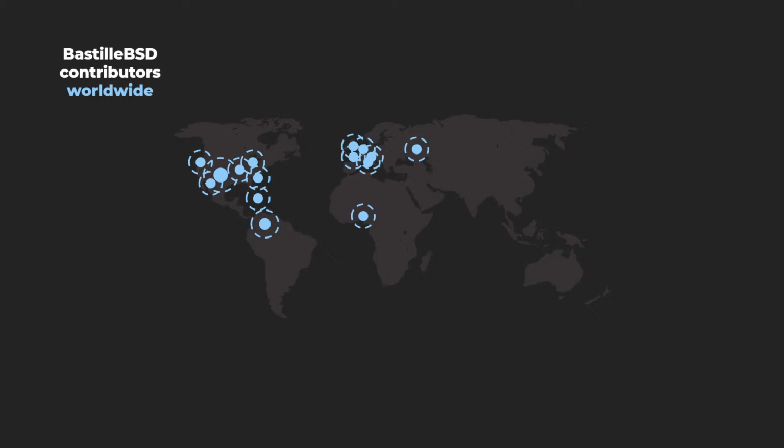I really want Bastille to be a worldwide project, a collaborative project with as many people involved as have something to share. So if you're in any of these other places, come help us out, come work with us. I'm sure there's some more that could go on this map, but not everybody has their location info public. I can look through the pull requests, and these are the ones that I found in there, but I'm sure there's more. I just don't know exactly where they are.